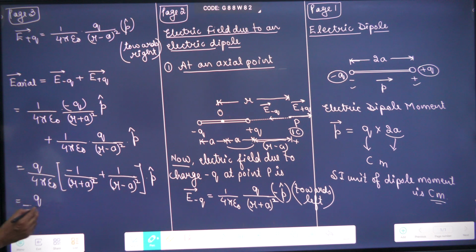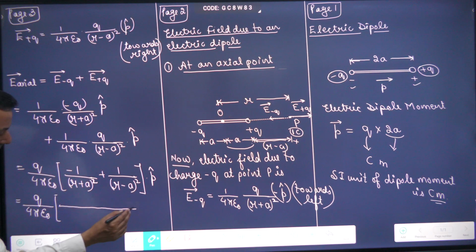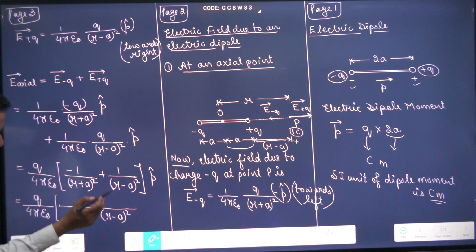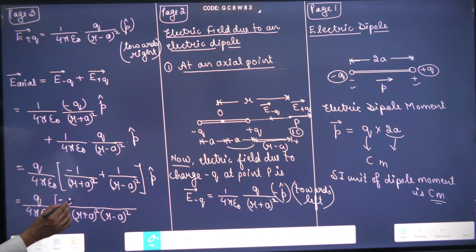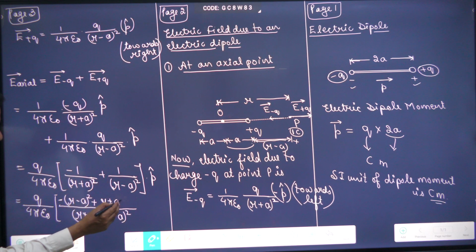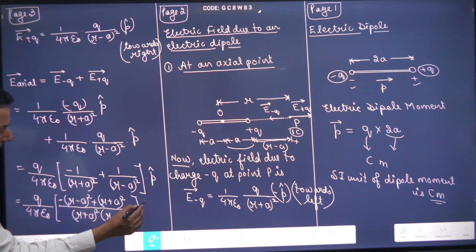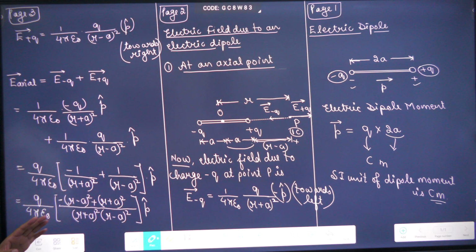So Q upon 4 pi epsilon naught into the LCM, which is (R plus A) whole square into (R minus A) whole square, and we multiply (R minus A) whole square with minus 1, giving minus (R minus A) whole square, plus (R plus A) whole square, and P cap. Are you comfortable in taking this LCM?